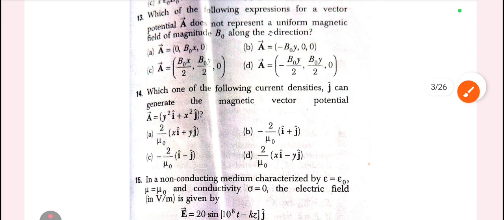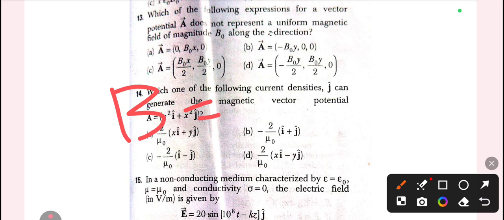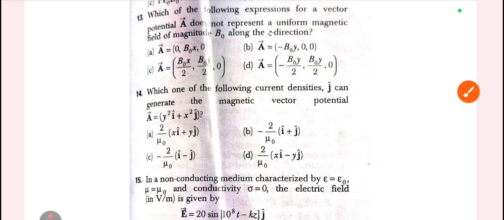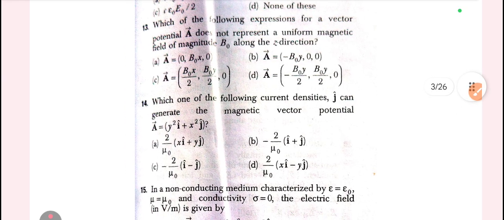Which one of the following current densities can generate the magnetic vector potential? Also here we use B equals del cross A. And using this value over here, we will get the answer. And the right answer is B.